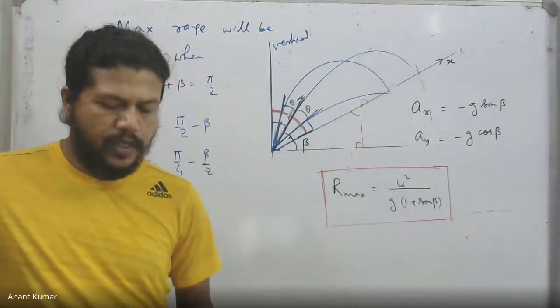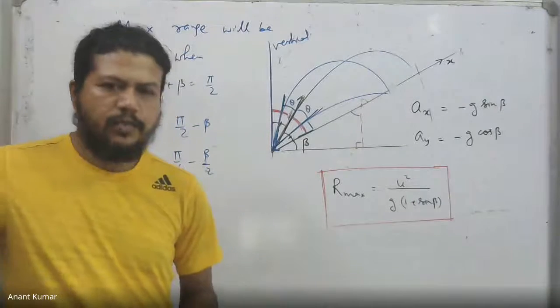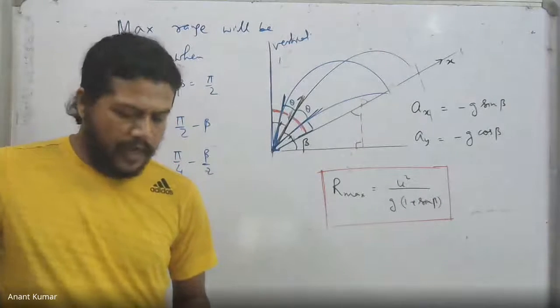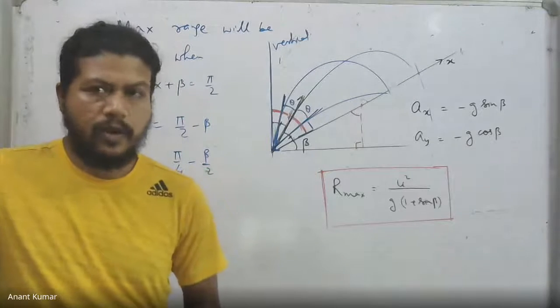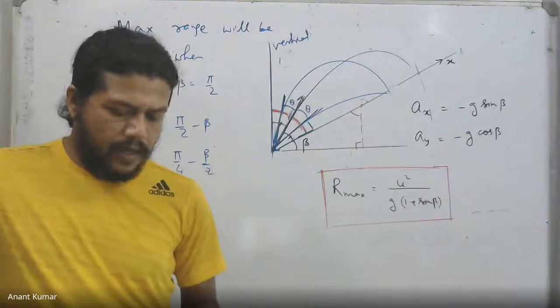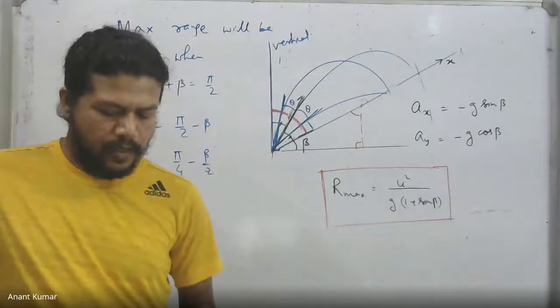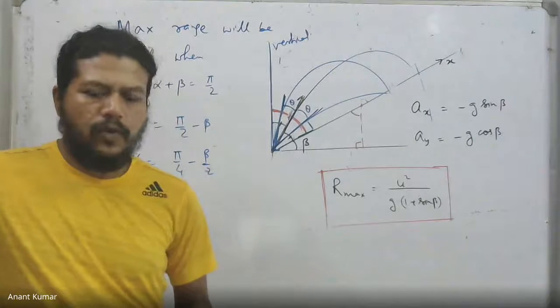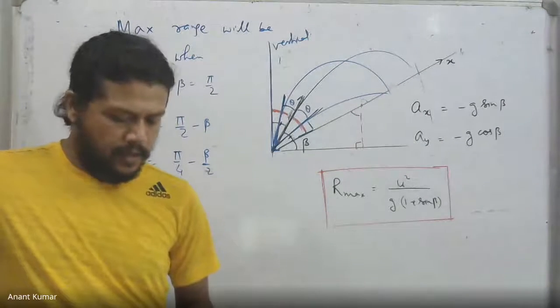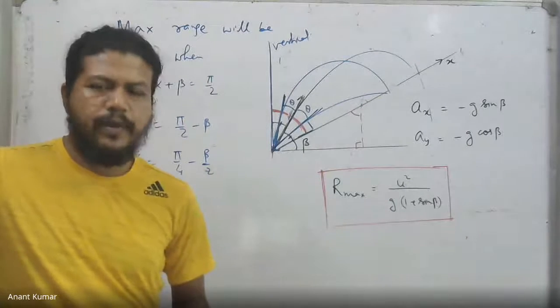Okay, the question says, a particle is projected at an angle alpha with the horizontal. Remember that it's the horizontal. So a particle is projected at an angle alpha with respect to the horizontal from the foot of a plane whose inclination to the horizontal is beta.